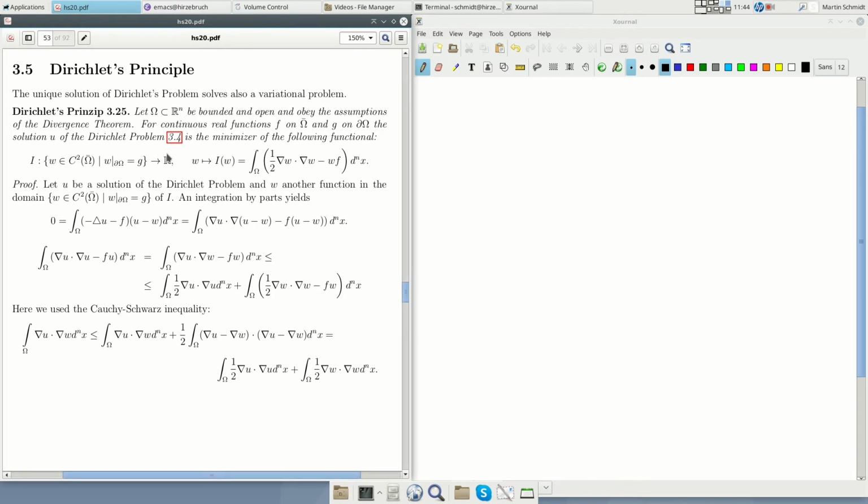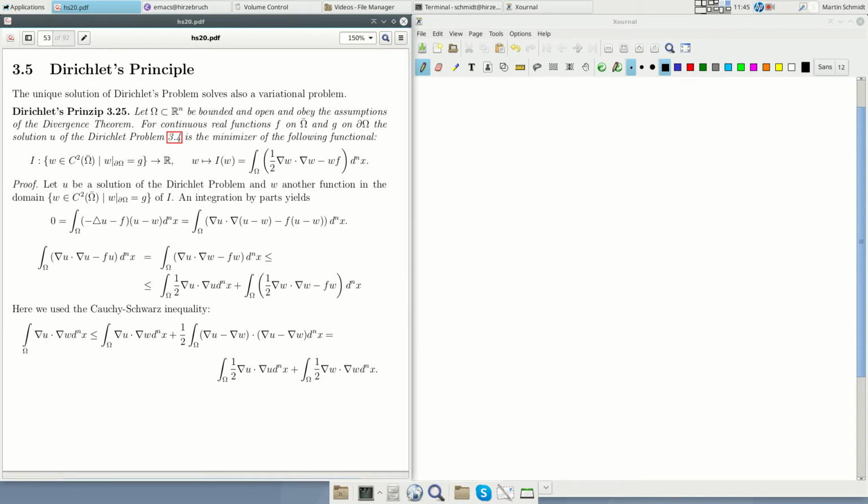So we have to prove that this is a minimizer. So if u solves the Dirichlet problem, then I of u is smaller or equal to I of w for any other w in this domain. Okay, now let's assume u is a solution of the Dirichlet problem and w is another function in the domain.